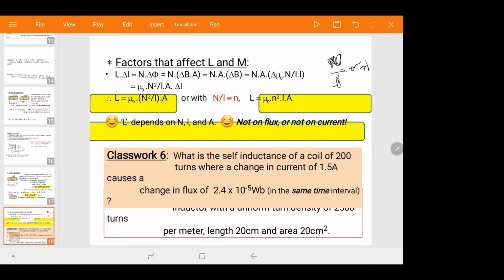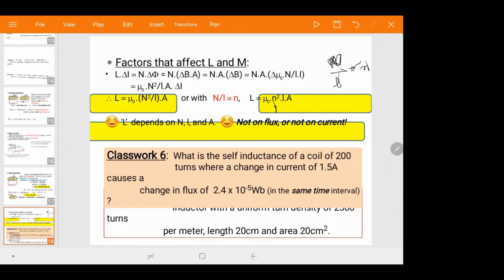In the numerator, you have N squared. In the denominator, you have only l. If you want to write n squared, turn density, then you have to have one more l in the denominator. So mathematically, we multiply by l in the numerator as well as in the denominator. That's how you get here mu0 turn density, small letter n squared times l times A. It's not a current. This is small letter l, the length of the coil.